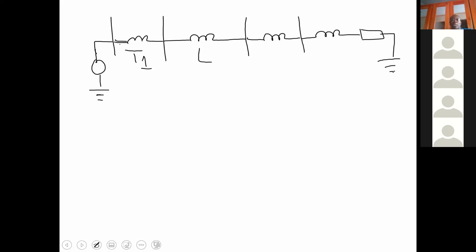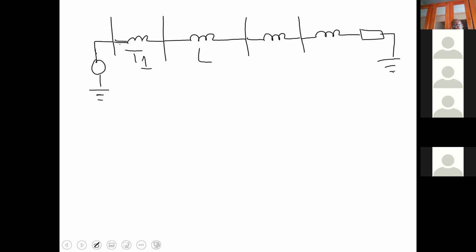So in a sense, the network that I've drawn here, when we find all these reactances and resistance, what would it represent? Come on, talk to me. What would you have when you have found all of these reactances and resistance? A one-line diagram? A system impedance?